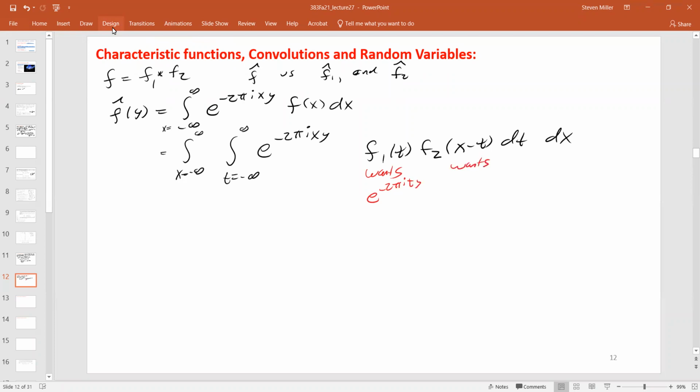And what does this want? E to the negative 2 pi i (x minus t) y. And this is e to the negative 2 pi i (x minus t) plus t times y. Right? I have done nothing yet again. One of the most valuable things we can do.